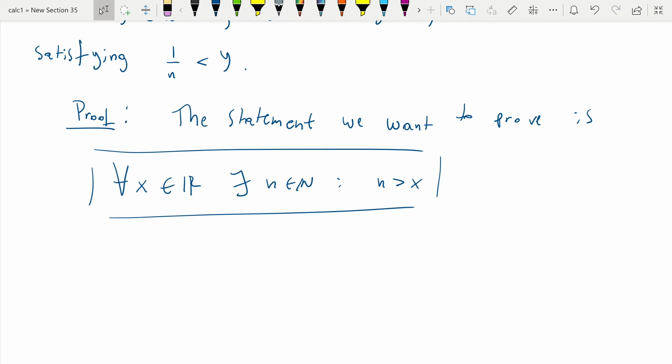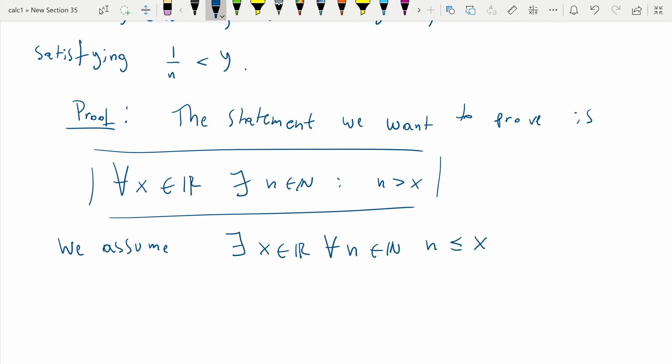So we assume not. We assume the negation of that. So there is an x in R such that for all n in N, n is less than or equal to x.